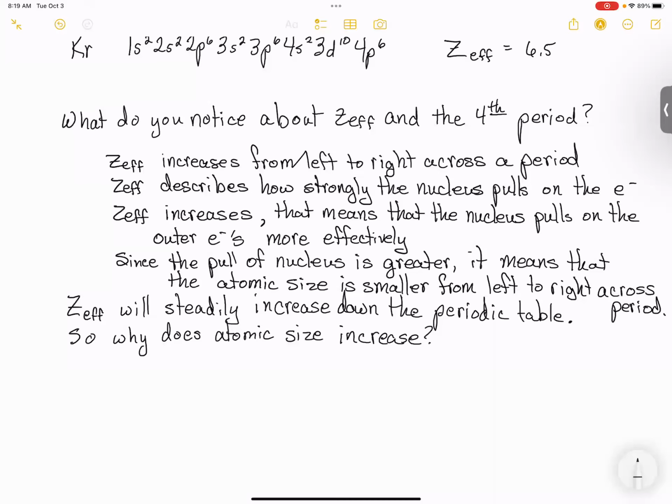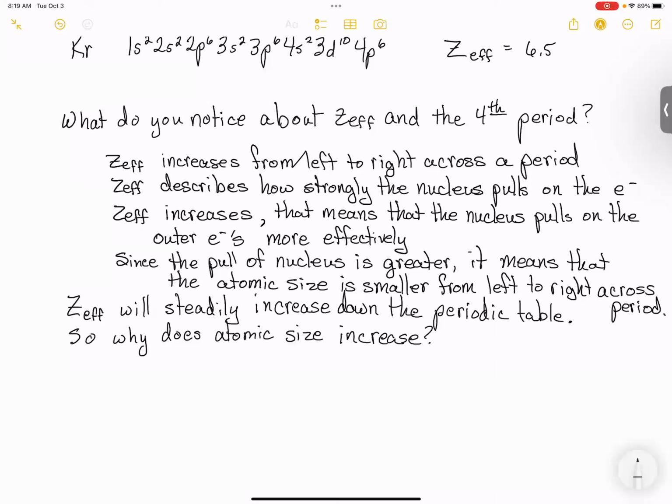Again, if you look back at what we did on Thursday and compare it to what I just did, you would see that the Z effective for what I just did today is larger numerically than the Z effectives I had pulled together on Thursday of last week.